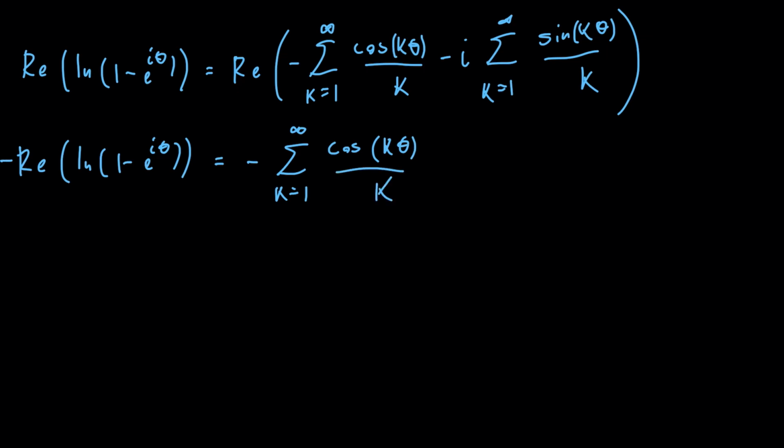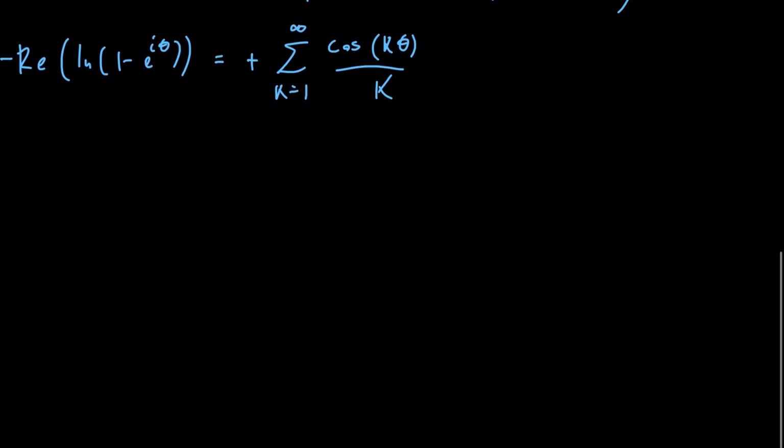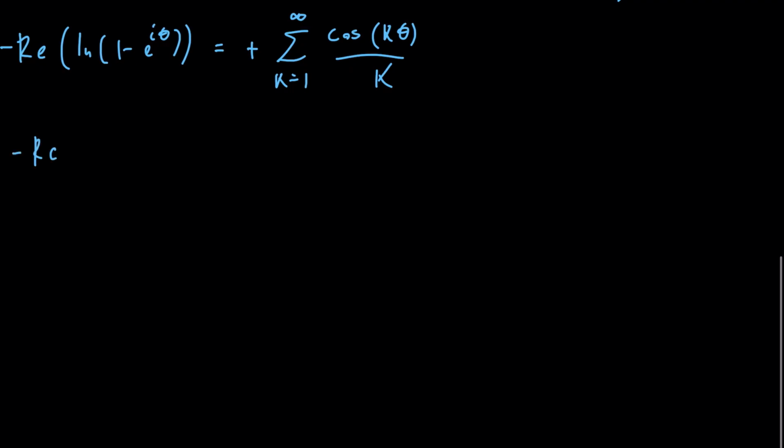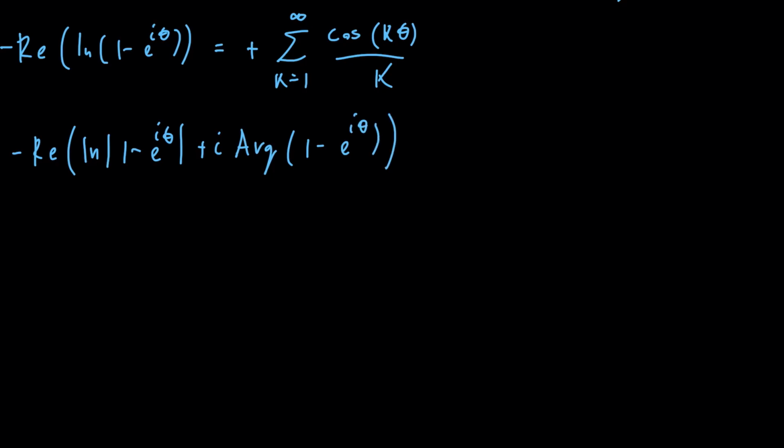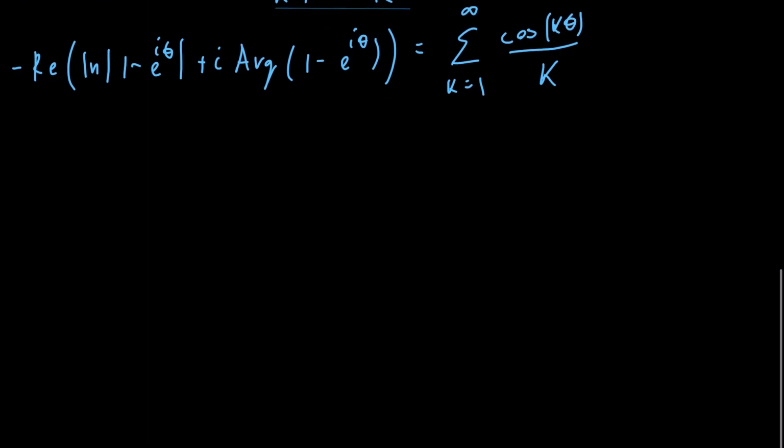We could put the negative to the other side. And now we have negative the real part. We could decompose the natural log of 1 minus e to the i theta as the natural log of the modulus of 1 minus e to the i theta plus i times the principal argument of 1 minus e to the i theta is the sum from 1 to infinity cosine of k theta over k.